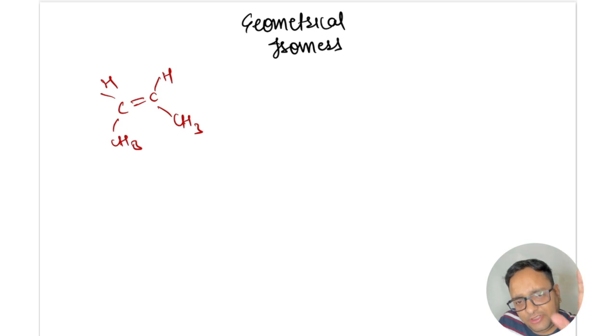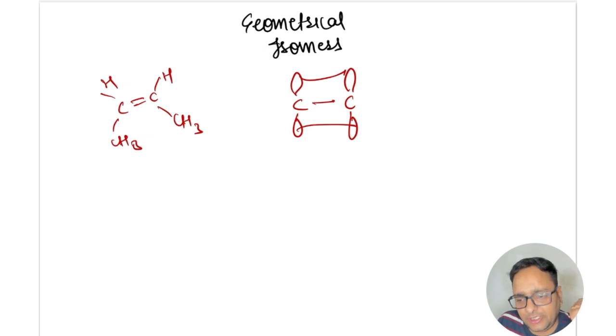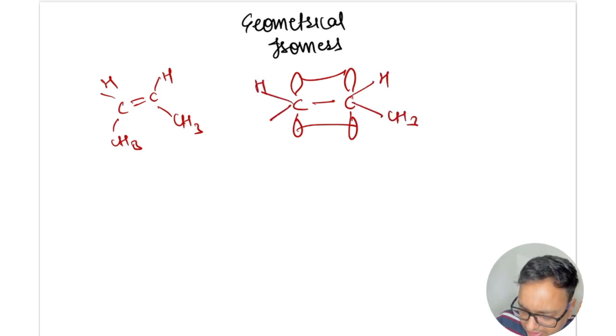If you look deeper at how this compound is formed, it is formed with two p pi orbitals overlapped with each other. We looked into this in depth in chemical bonding. Then here we have H, here we have CH3, here we have H, and here we have CH3.